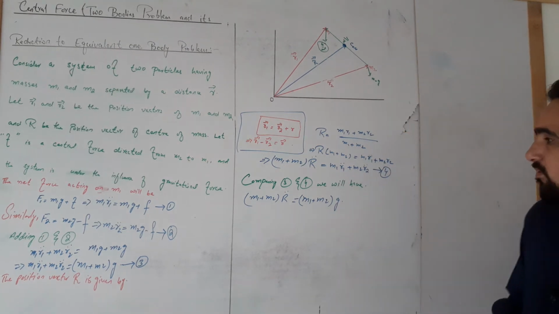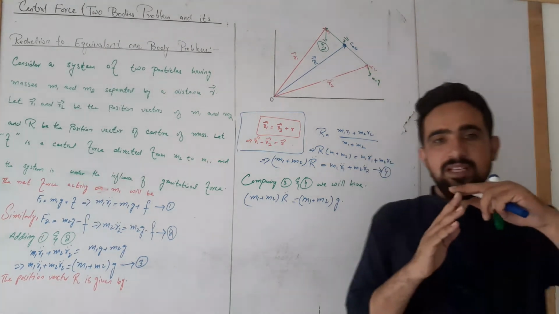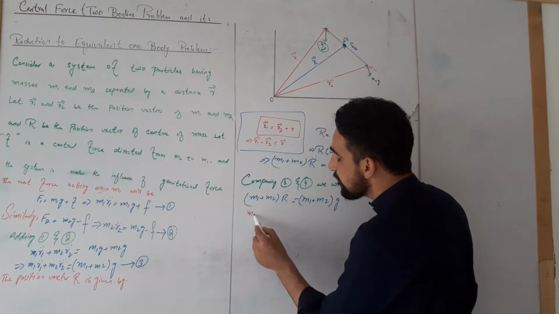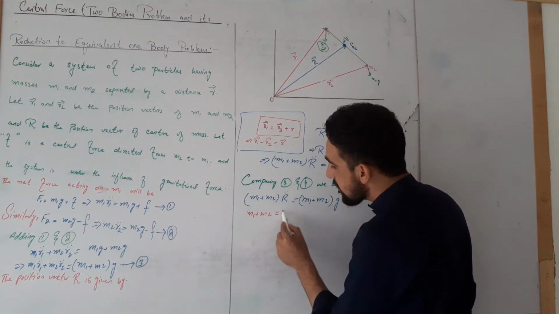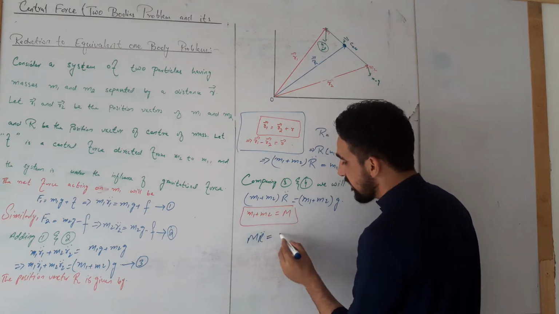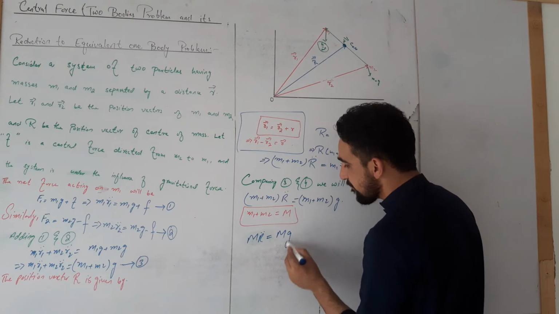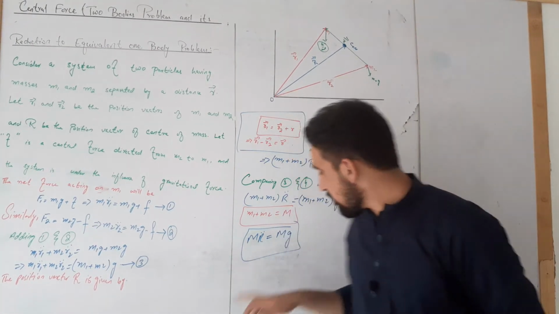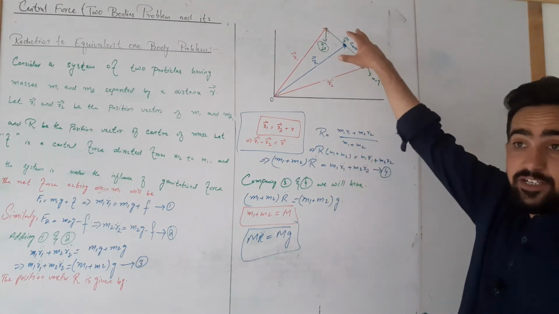So m1 plus m2 is the total mass of the system, m1 plus m2 is equal to capital M. M R double dot will become Mg, if the system was under the influence of gravitational force.